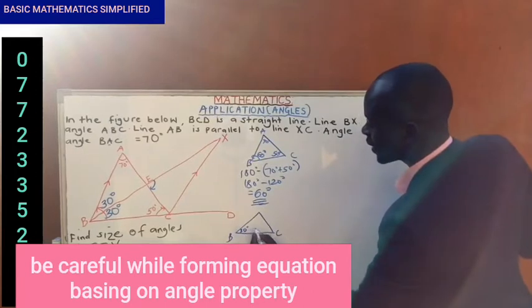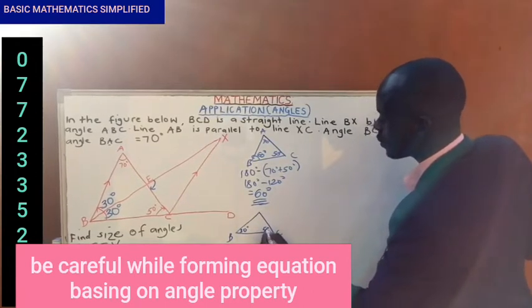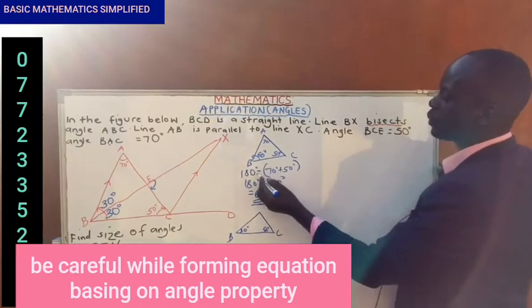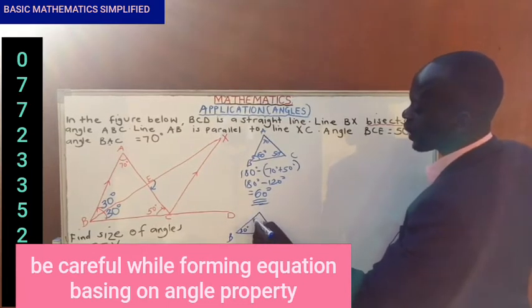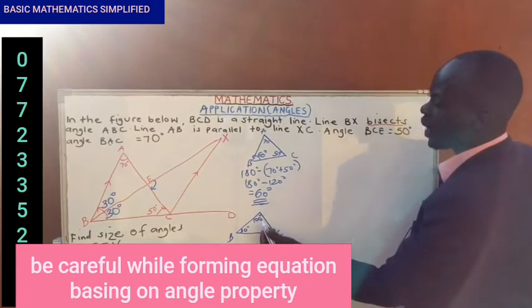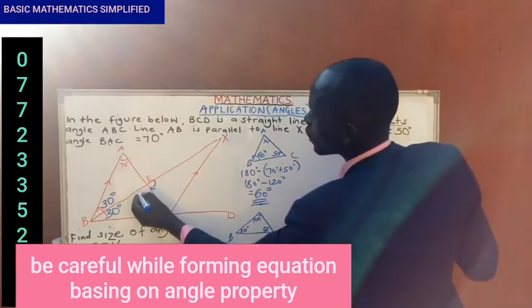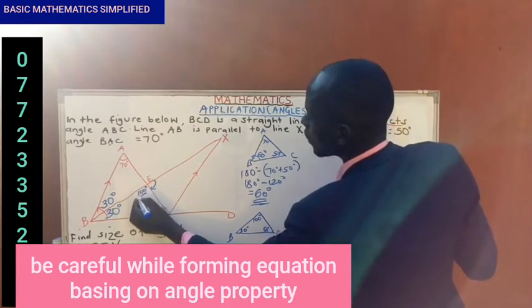This is 30 degrees, this is 50 degrees. Remember the angle property in a triangle. 30 plus 50 is 80, so 180 minus 80 is 100 degrees. So this angle here is 100 degrees.